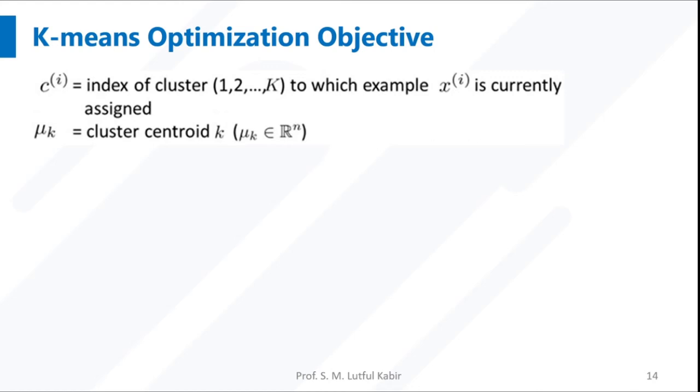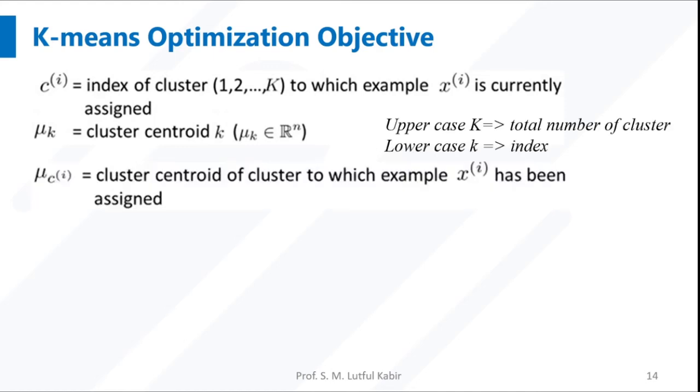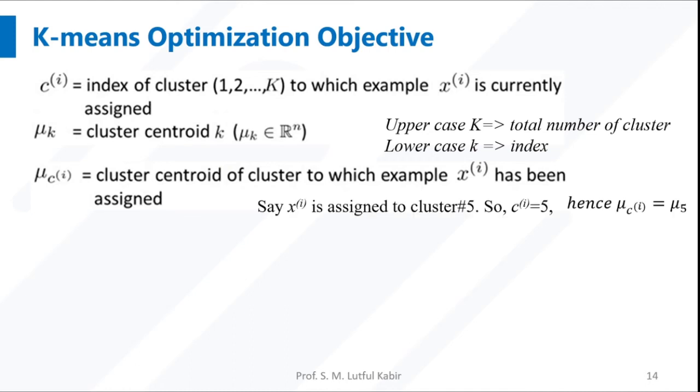For a certain point xi, that means a particular data point, the centroid location of that data point you can find out by this symbol mu ci. ci is the index of the cluster and mu ci is the actual position of the cluster centroid for that xi. So if you want to find out the location of the cluster centroid for a certain xi, you have to look for mu ci.